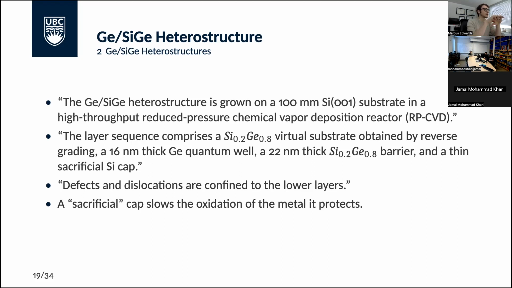This deformation can lead to dislocations, which are basically fractures or breaks in the crystal lattice structure. You can often see these with an atomic force microscope, and they almost look like cracks in the crystal lattice. It's important to confine these to the lower layers so that the upper layers of the material are not defective.